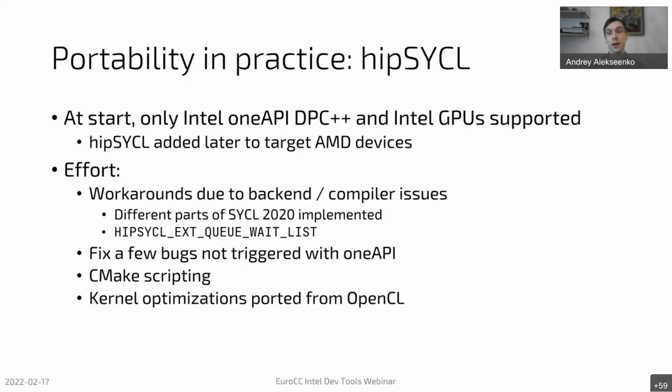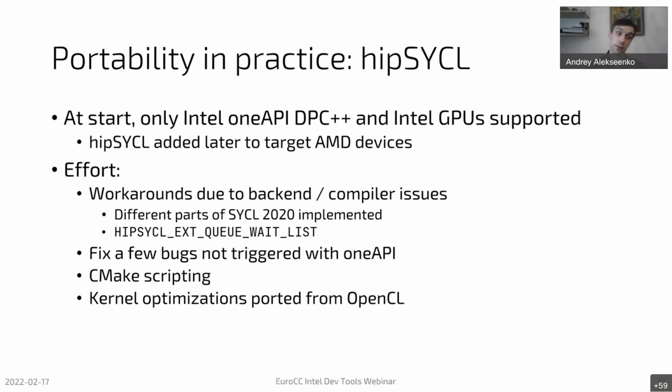Porting to HipSYCL helped us in uncovering some bugs because, for example, we were sometimes writing data to a read-only accessor, and it was working fine with oneAPI, but it's obviously incorrect logically, and HipSYCL was failing there, so it helped us to catch these bugs.